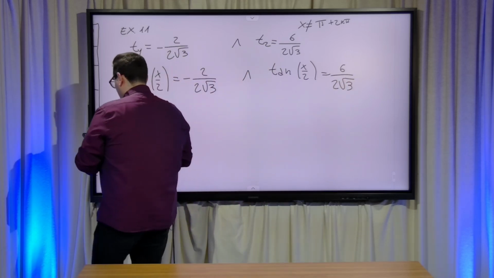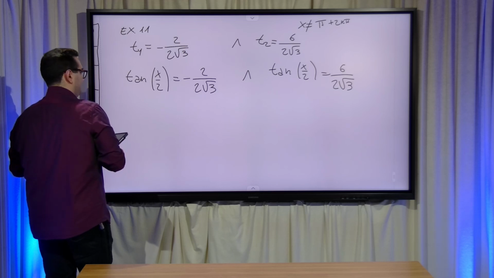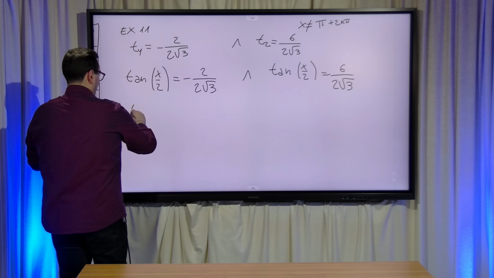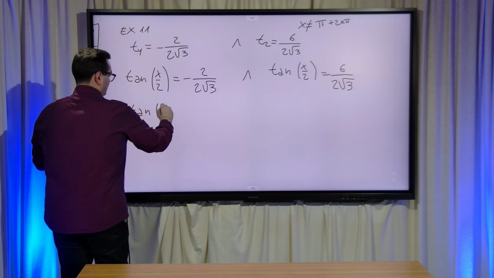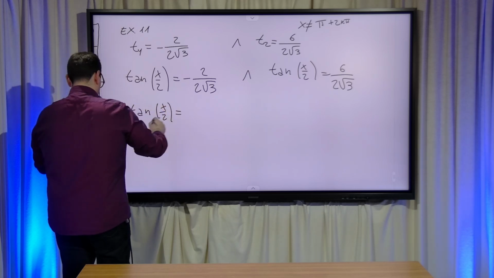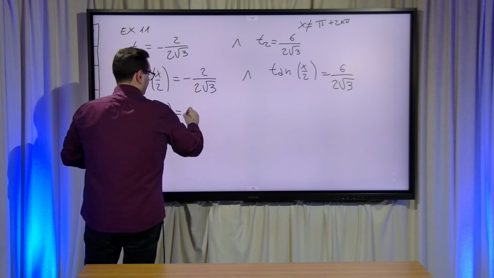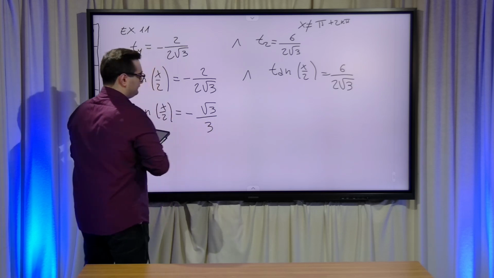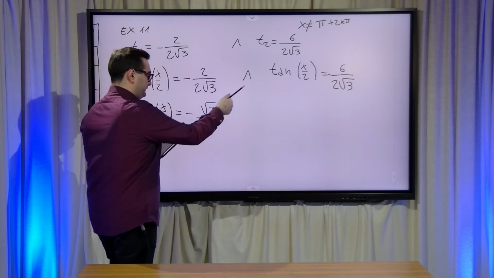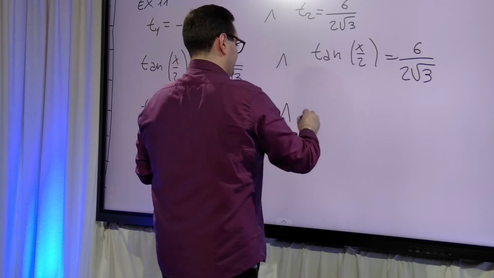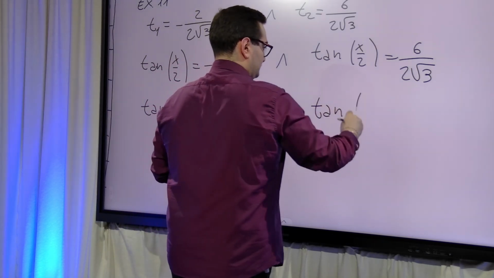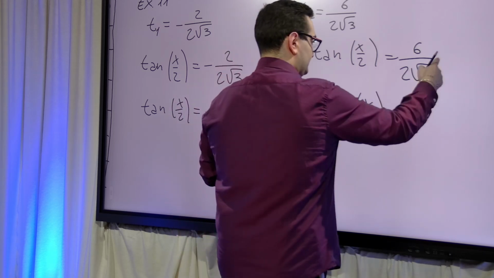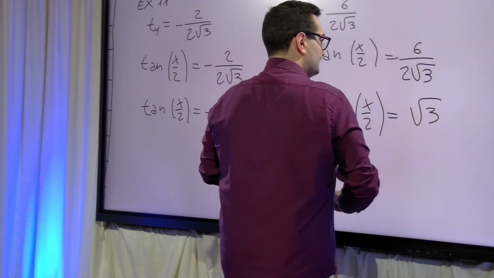Now, I can write this quantity, let's write it here, this quantity is equal to minus square root of 3 over 3. Same thing I will do here. So, and this is simply square root of 3.